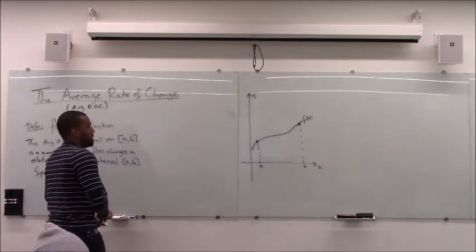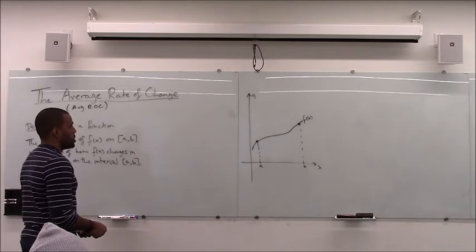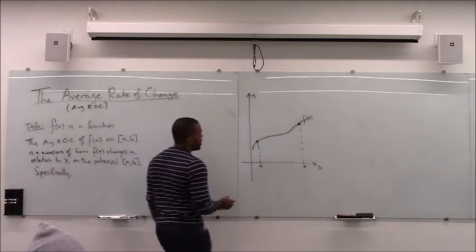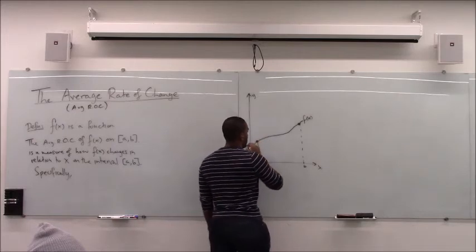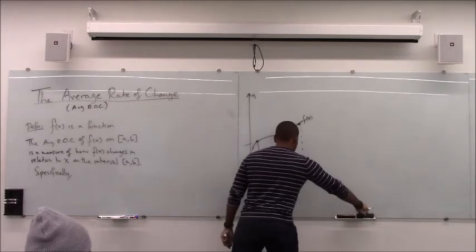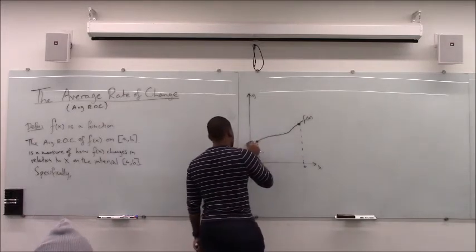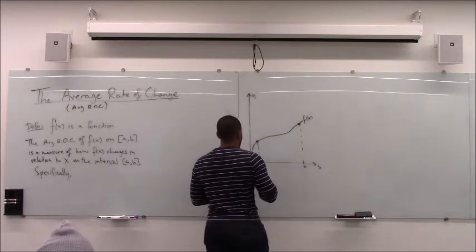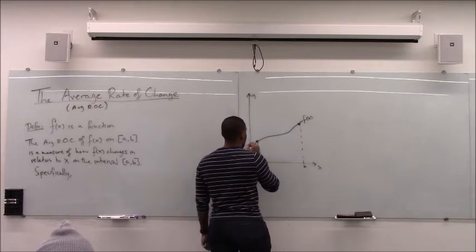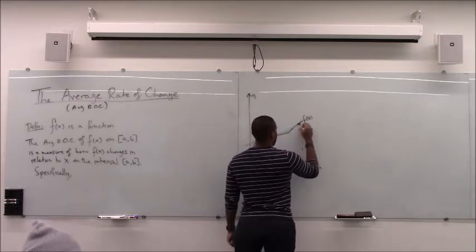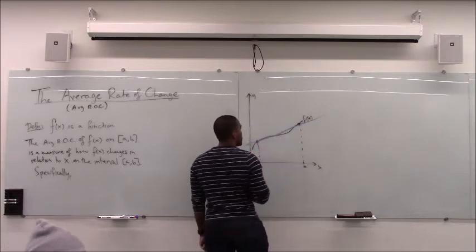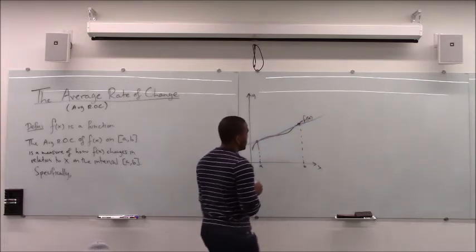Now, the average rate of change, how do we measure this change, is visually what we think about is connecting these 2 points with a line. The line is not a part of the function. Let's make it a different color. Connecting this point with a line, passing through those 2 points. That should be a straight line.